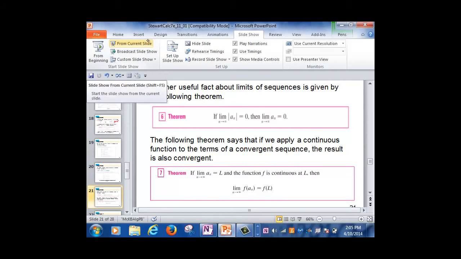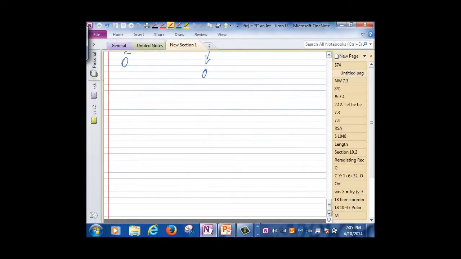Let me just give you some intuition why that's true. Let's say I have the real number line here, and let's say this point is the number 0. We are assuming that the limit of the absolute value of a_n is 0.